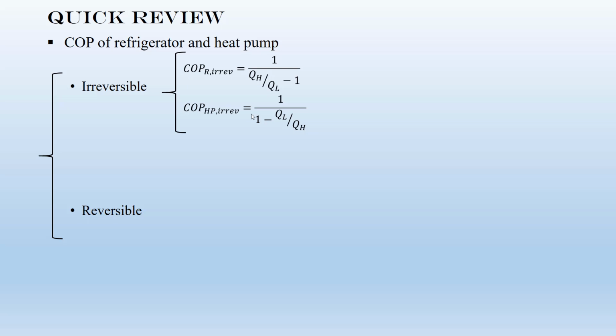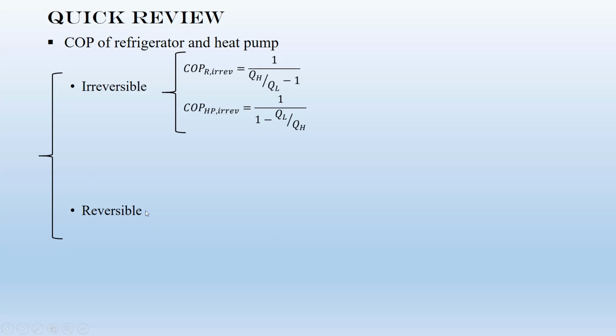The desired output for the refrigerator is QL, and for the heat pump, the desired output is QH. So you can also use those definitions to calculate the COP of a refrigerator and heat pump.